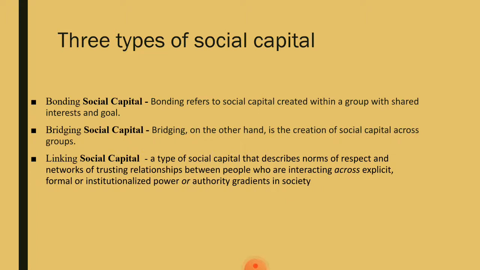These distinctions have been criticized for amalgamating a variety of contradictory aspects of both networks and norms into single categories. A different approach involves the distinction between structural and cognitive dimensions of social capital.